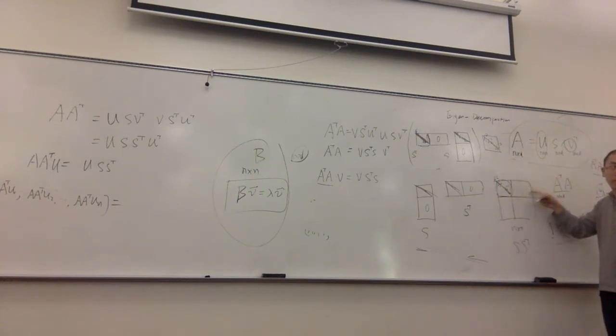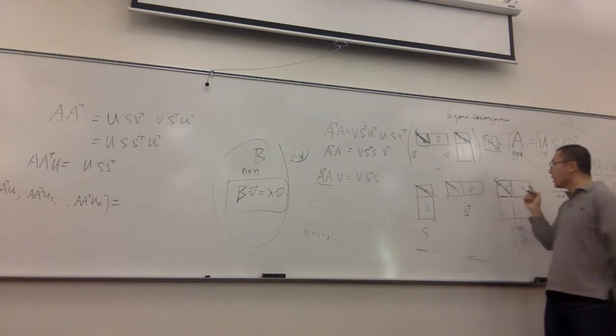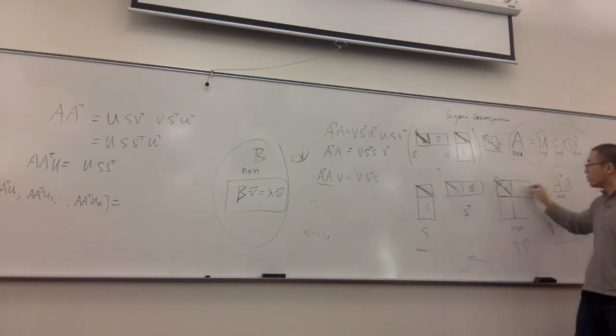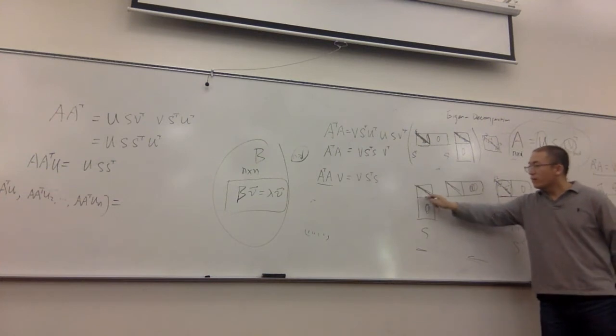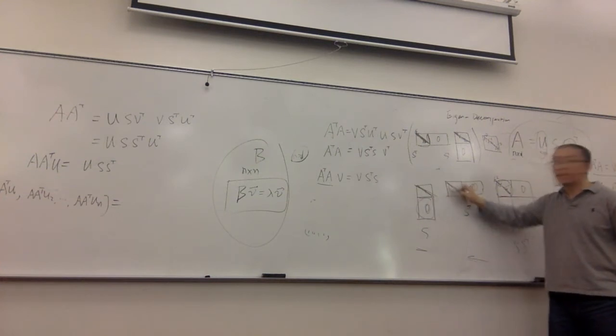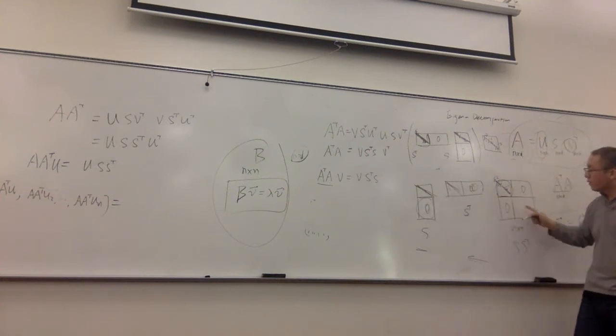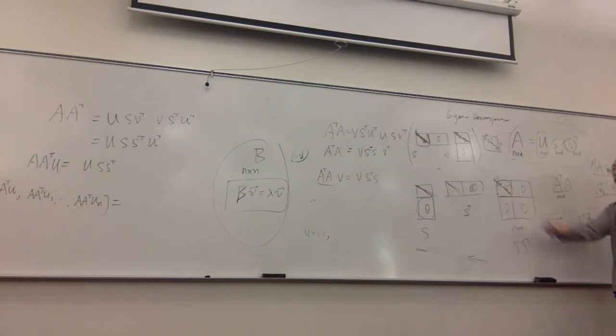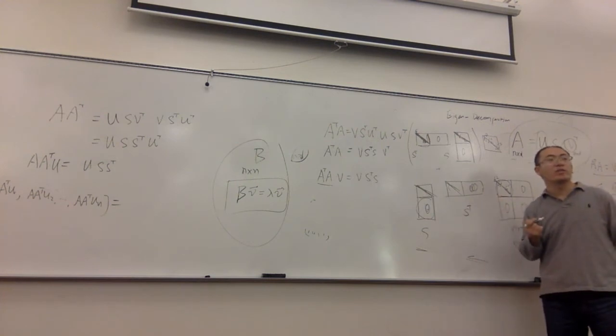But for this part, using the outer product, this part will be this diagonal matrix multiplied by 0. So this is 0. And this part will be the bottom part here multiplied by this 0. And the last part is 0 multiplied by 0. So we can check the consistency according to the shapes.